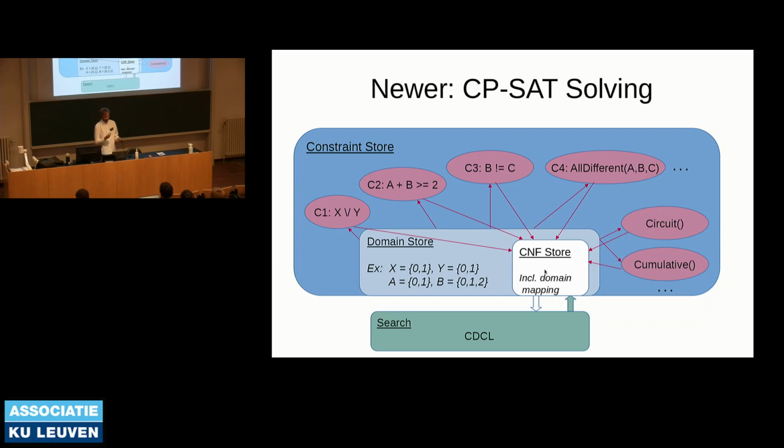Okay, and so this hybridization works really well, especially on scheduling type problems. And then the search now is actually a CDCL search, more a SAT search, but you know which of the variables are integer variables, for example, so you can do it even a bit smarter. All right, so that's just again a flavor, and that's what OR-Tools uses, that's what Chuffed uses, and other lazy clause generation solvers.